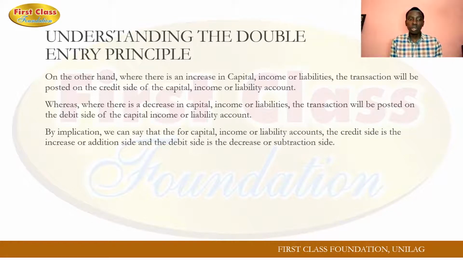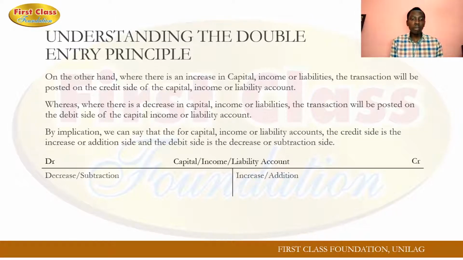So we can say that for capital, income, or liability accounts, the credit side is the increase or addition side, and the debit side is the decrease or subtraction side.